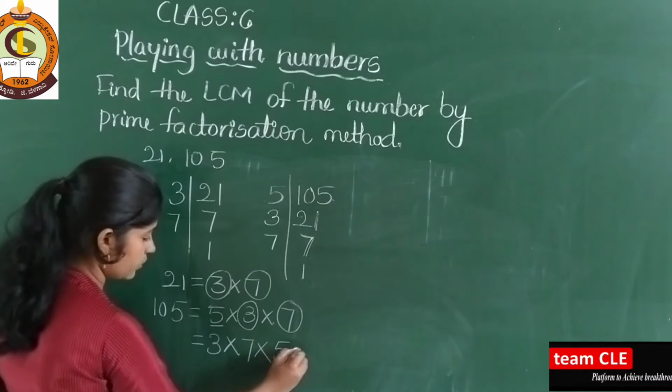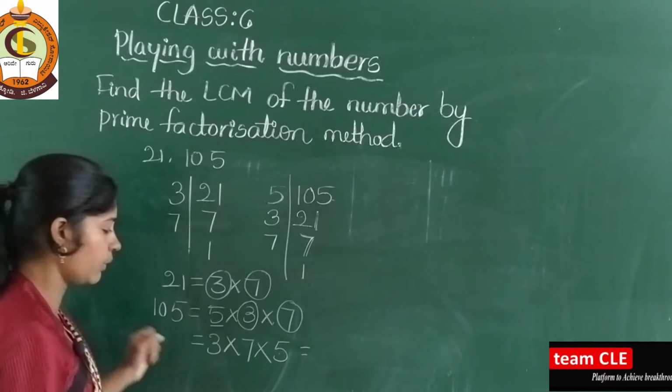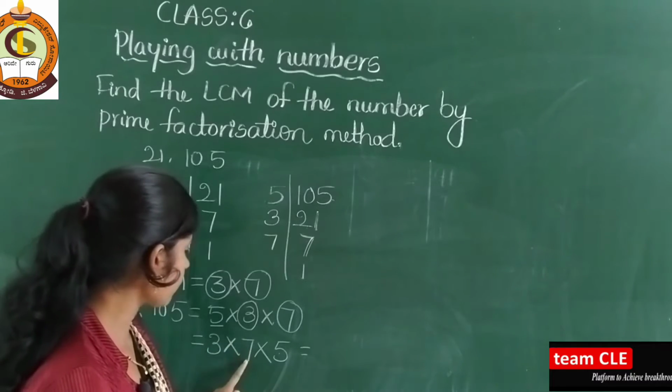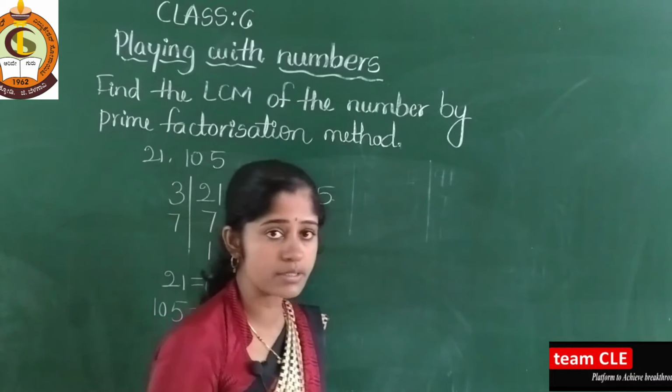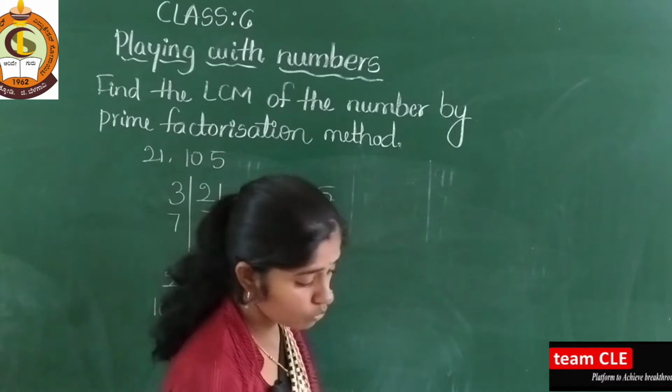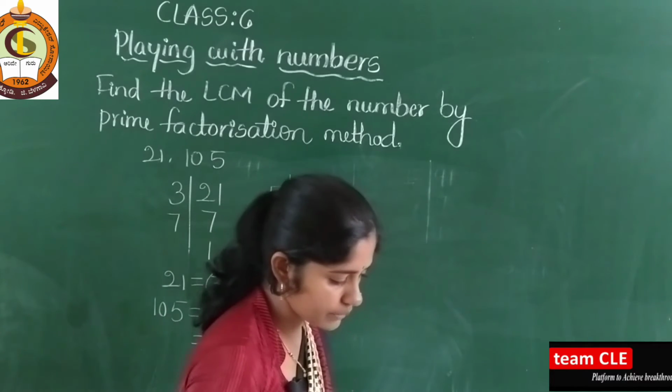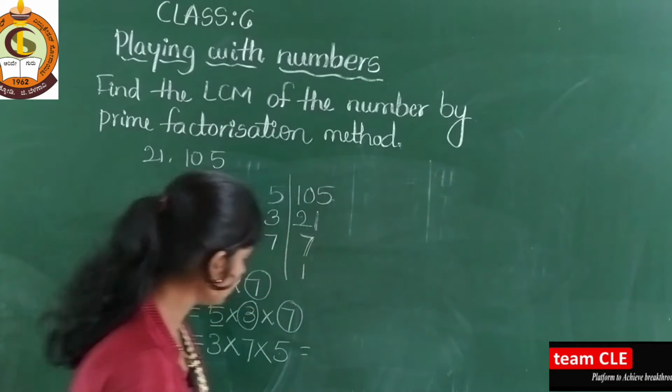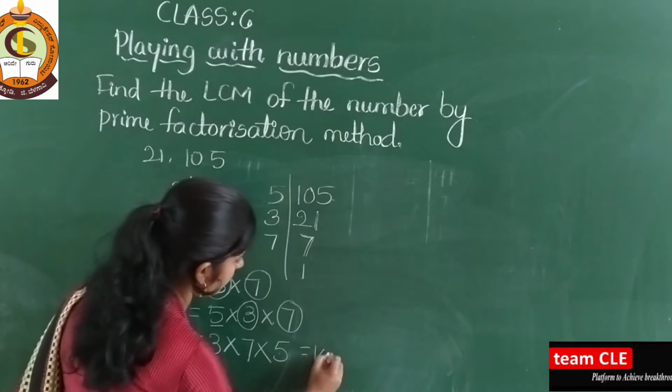That also you have to take. Then 3 sevens are 21, 21 fives are, how much will come here? 105. So here the LCM is 105.